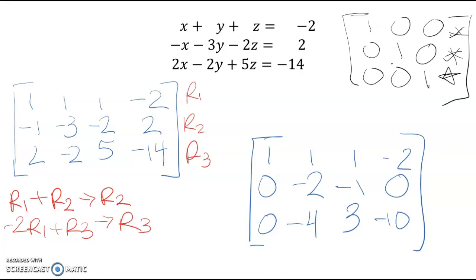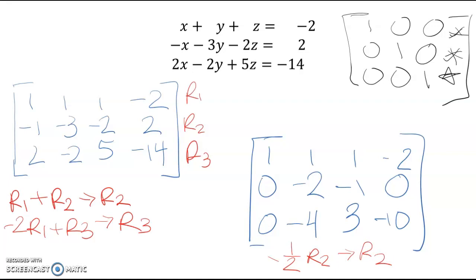So now, if I want a number 1 in that location, one thing I can do is make my second row half as big. Okay? So next, I have a -2 on there, so I'm going to take -1/2 row 2 to replace row 2.